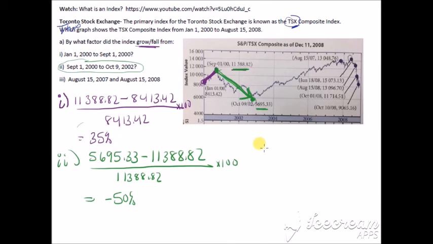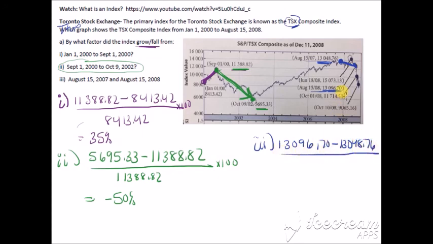So, number three, August 15th, 2007 to August 15th, 2008, which is this number here. We can see that this is going down, but just a bit. But let's not rely on that. Let's actually do the numbers. 13,096.70 minus 13,048.76.